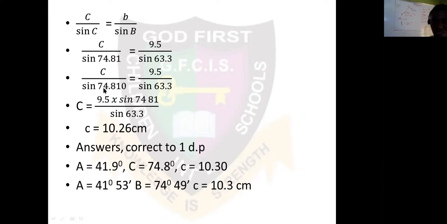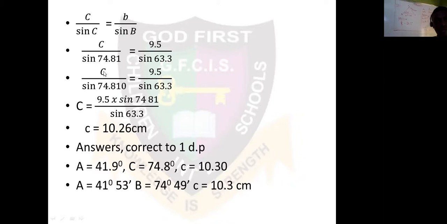Sorry, this is not 74.810, but sine 74.81 raised to power 0. And that raised to power 0 is degree. So that's sine 74.81 degrees. Then you can get your C. You look for arc sine and you get your C. No, sorry, you are not looking for arc sine because this is small c.